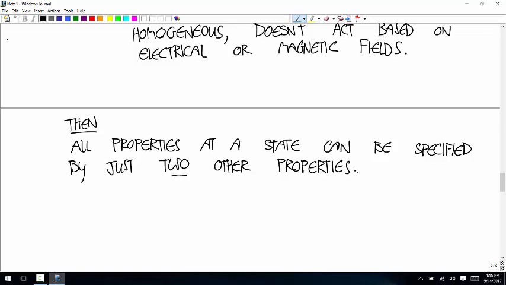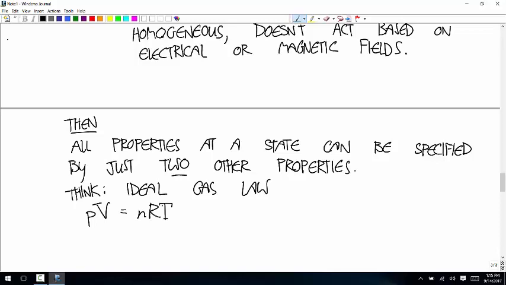To make sense out of that, think of the ideal gas law, PV equals nRT. The properties are pressure, volume, and temperature. And this equation says if you know two of those, you can solve for the other one.